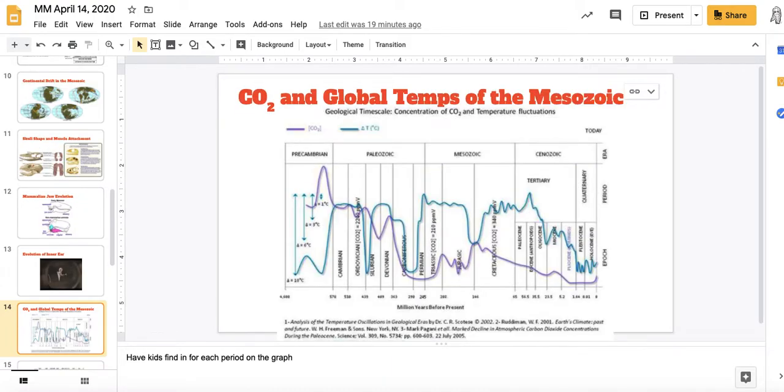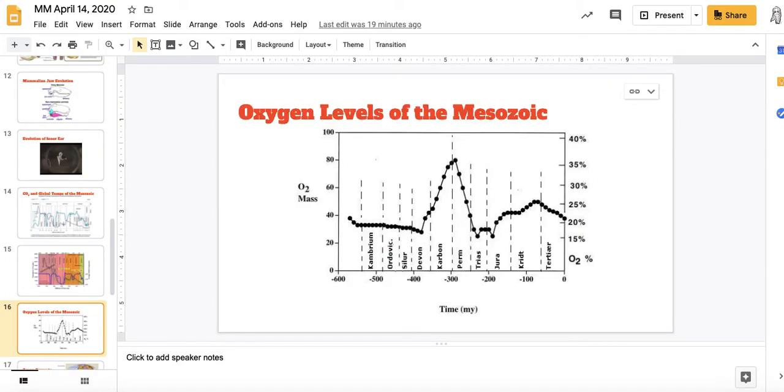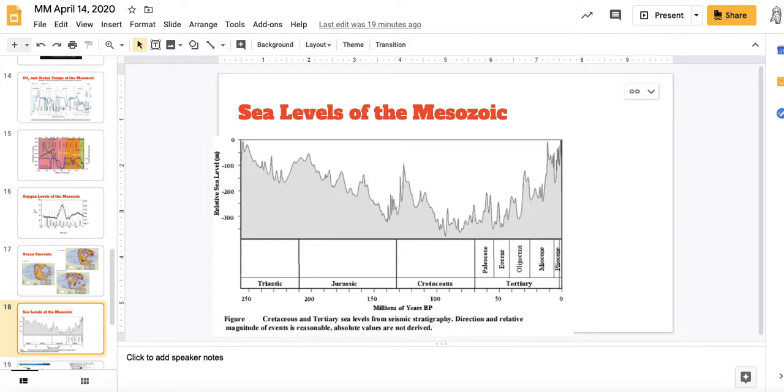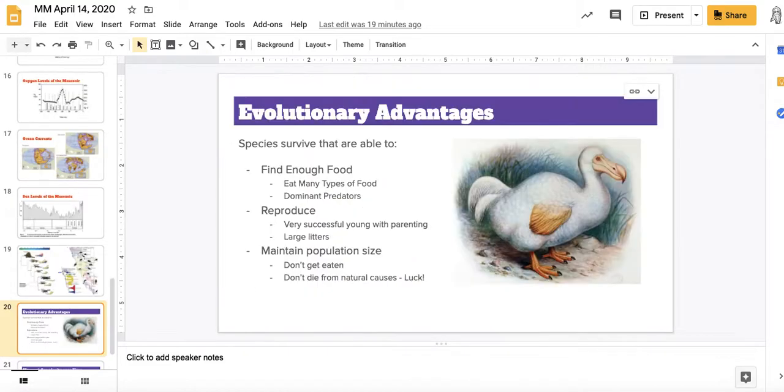And then for the Earth, the carbon dioxide and temps, the atmospheric CO2 and the time, and it was compared to the average global temp there with the blue line, the oxygen levels during the Mesozoic period, the ocean currents and how they were either simple or complex, and what was going on with the sea levels, and then the evolutionary advantage of the mammals and the jaws compared to the reptiles.